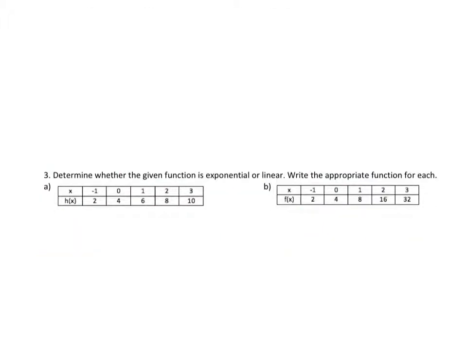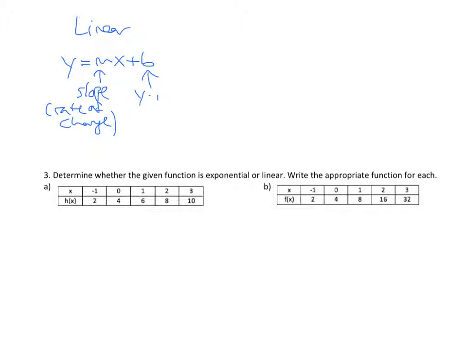The next part of level 2 is determining whether a table represents a linear or an exponential function. Remember, a linear function can be written in the form y equals mx plus b, where m is the slope, or the rate of change, and b is the y-intercept, which also happens to be the y value when x equals 0.